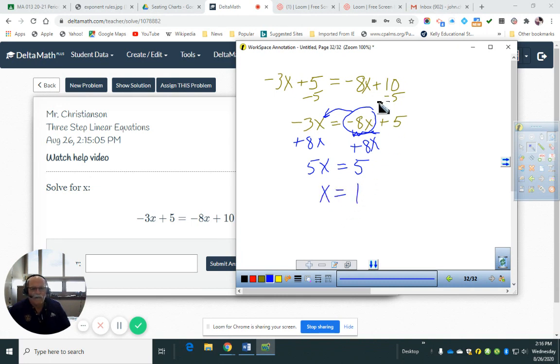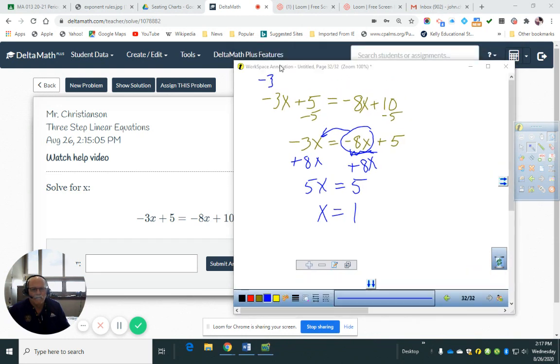And then you can take that, plug it in to the original, make sure it works, right? Negative 3 times 1 plus 5 equals negative 8 times 1 plus 10, okay? So negative 3 plus 5 is 2, right?